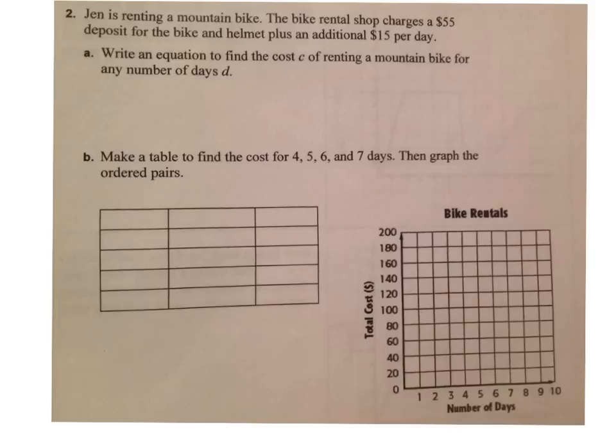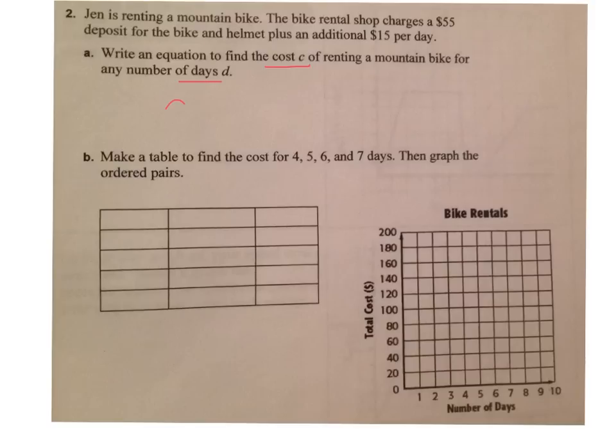All right, and here is example 2. Jen is renting a mountain bike. The bike rental shop charges a $55 deposit for the bike and helmet. So she's going to pay $55 one time, and then plus an additional $15 per day. That's the rate. So it says write an equation to find the cost of a mountain bike for any number of D days.